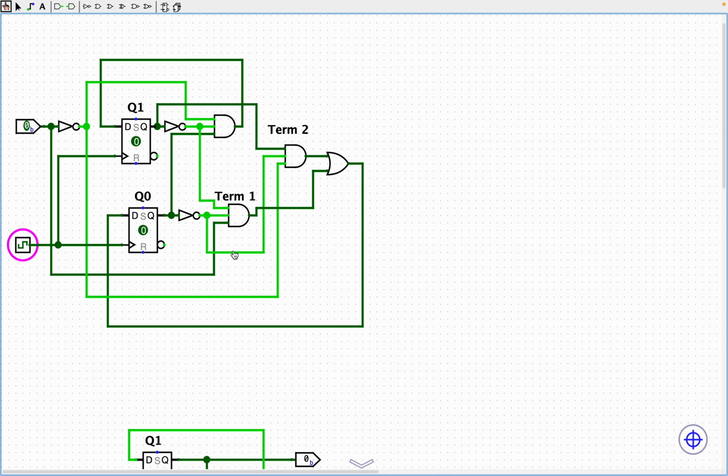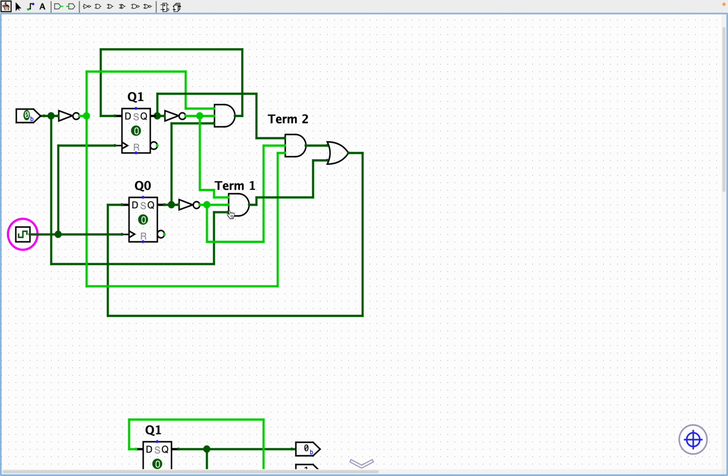And then we do the same thing for the Q0, which is NOT Q1 and NOT Q0 and the input. So here we have the input and then NOT Q0 and NOT Q1. And so that's how the logic is for the D1 and D0 flip-flops.